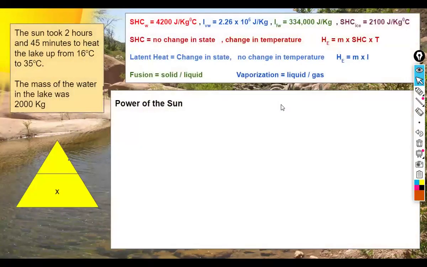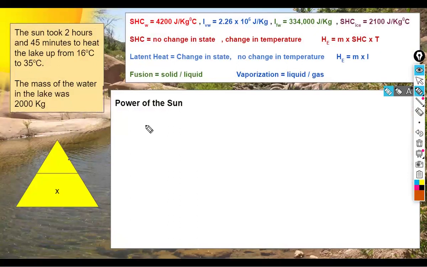We're going to be calculating something called power. Before you move on, power is different from energy. So I thought this was a good time to bring up power. To calculate power, the symbol P is work or energy over time.